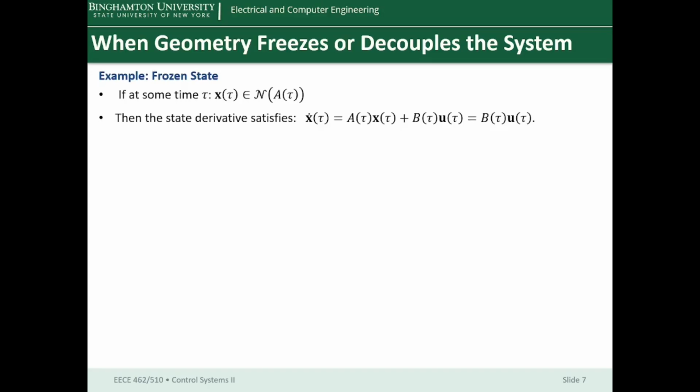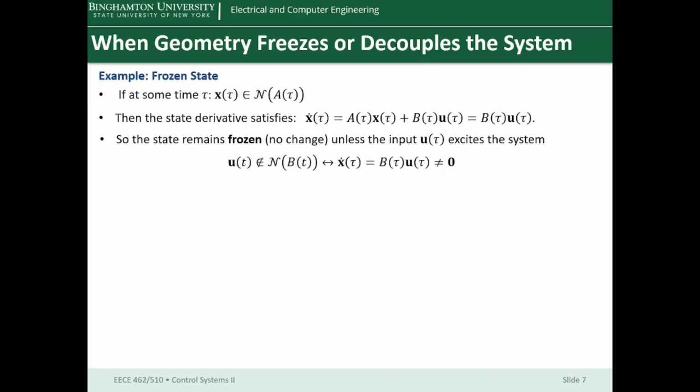So the state equation x dot(tau) equals A(tau) x(tau) plus B(tau) u(tau) reduces to x dot(tau) equals B(tau) u(tau). This means the system's internal motion freezes. It only moves if there is external input u(tau) acting through B(tau).